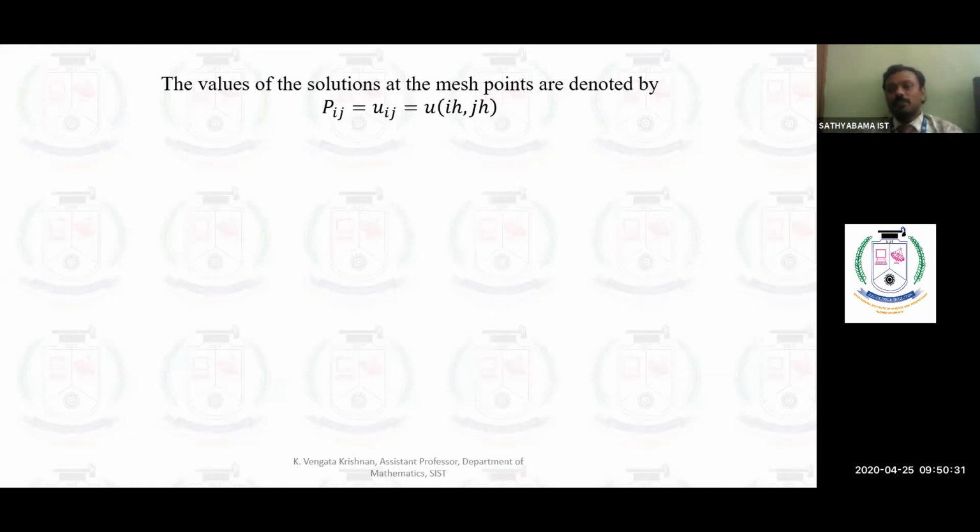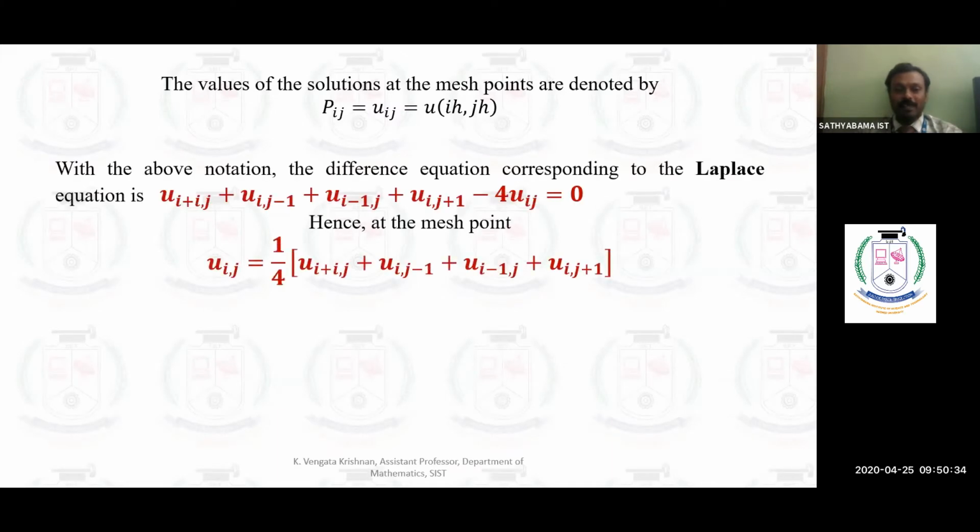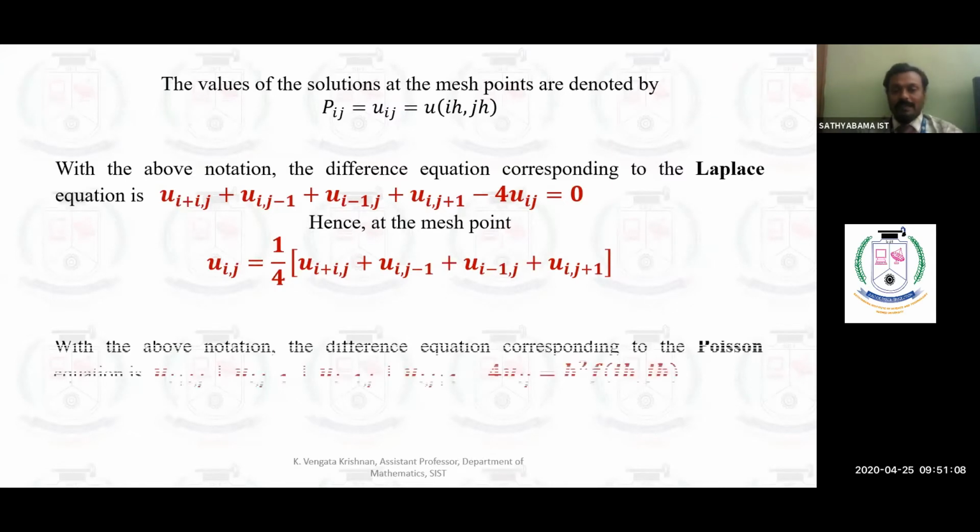Making these substitutions in the difference equation we have already formulated, we get the relation for the Laplace equation: u i plus 1 j is the point to the right, u i j minus 1 is the point below, u i minus 1 j is the point to the left, u i j plus 1 is the point above our point u of i j. Using this relation, we'll be formulating a set of linear equations which we'll be solving, and you'll be easily able to follow this once we start solving the problems. And this will be the difference equation representing the Poisson equation.